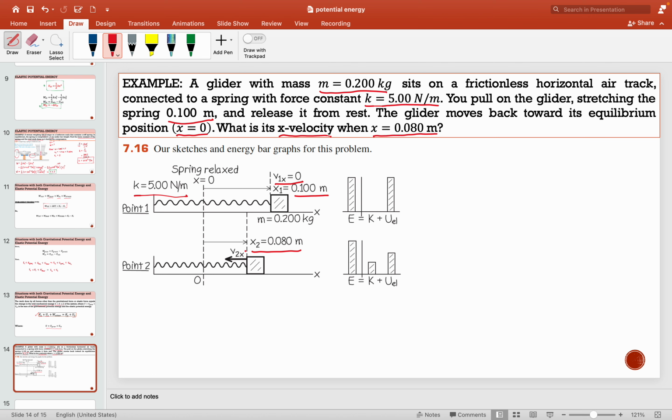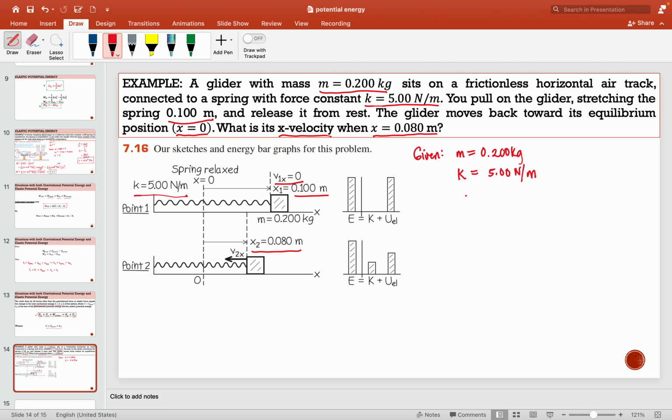Okay, so now let's write our given first. We have the mass, which is equal to 0.200 kilograms. We also have our spring constant, which is 5 newtons per meter.